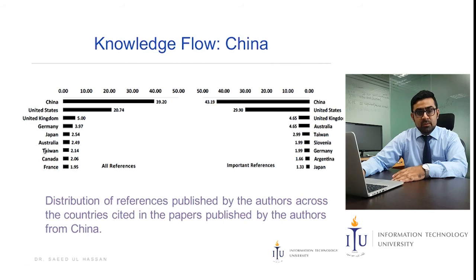And when it comes to important references, China again heavily depends upon its own knowledge resources, followed by the United States and United Kingdom. So this is a pattern that we found in the United States as well, in terms of depending upon its own knowledge resources when it comes to all references or the most significant, relevant knowledge resources, for instance. I found it interesting.